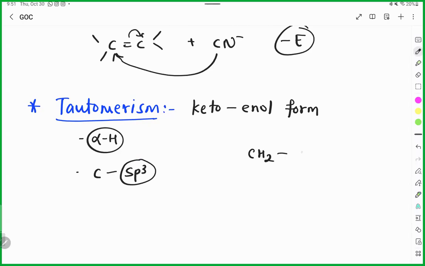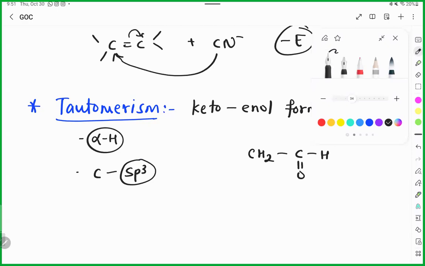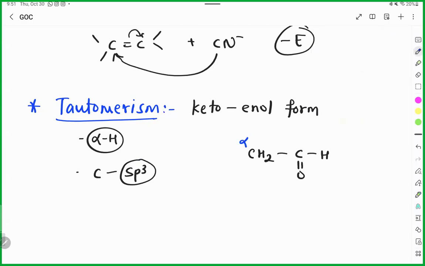Example, CH2 COH. So this is the alpha carbon. Hydrogen present along with it is alpha hydrogen. So this carbon is sp3 hybridized. Alpha hydrogens are present. So what will happen?